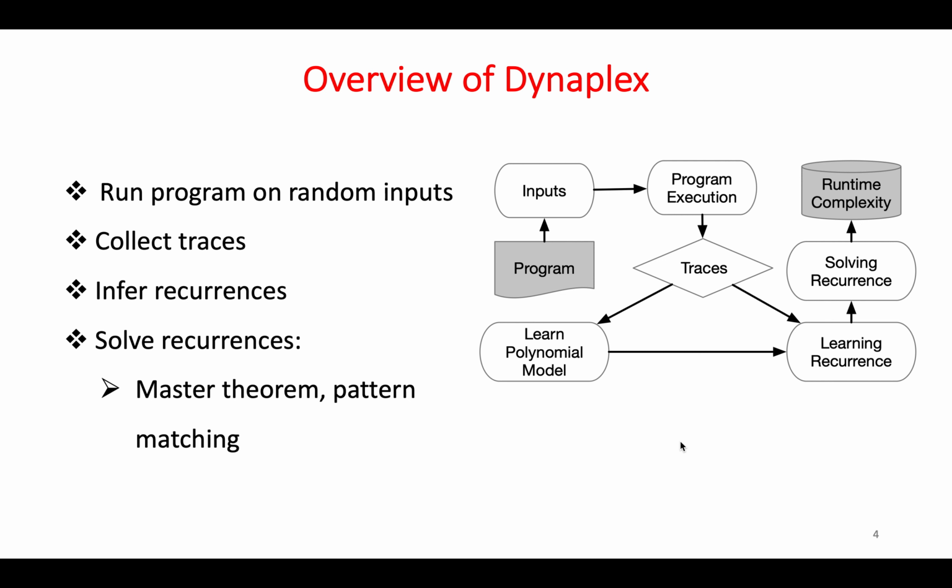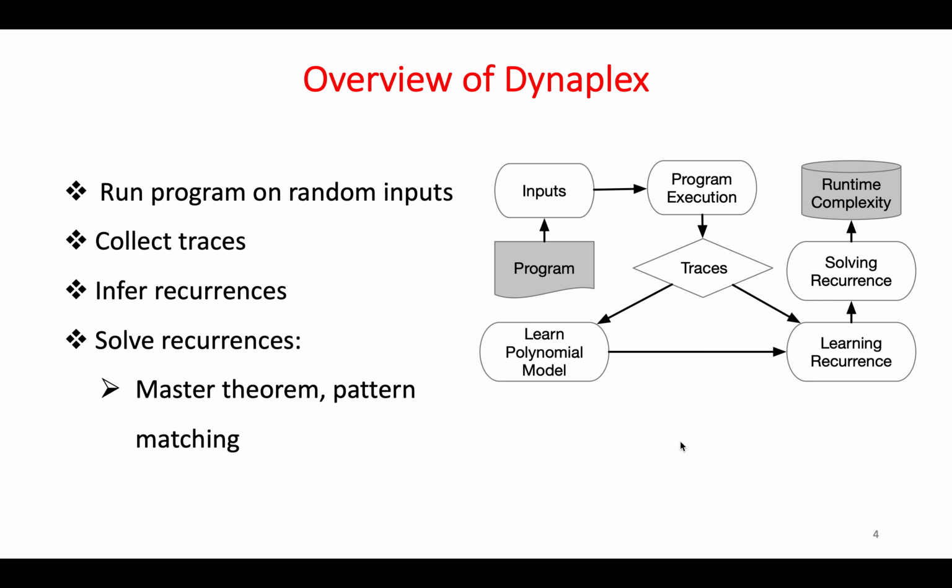I would like to give an overview of how Dynaplex works, the architecture of Dynaplex, before we get into the tool usage of Dynaplex. Dynaplex works by analyzing traces collected by instrumenting the source code of a program and running that program on random inputs to produce those traces.